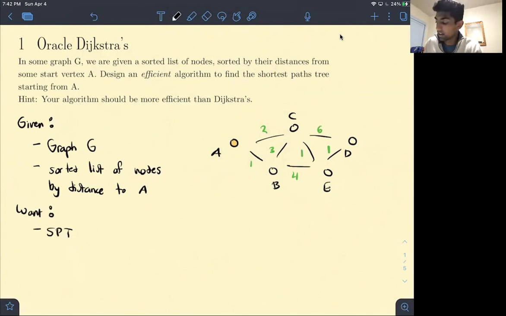Looking at this example graph on the right-hand side, let's quickly figure out what each of these three mean for this graph.